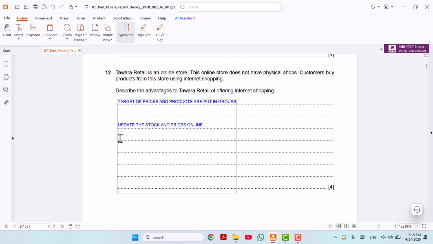We can say also cheaper advertising or ads of special offer or offers.